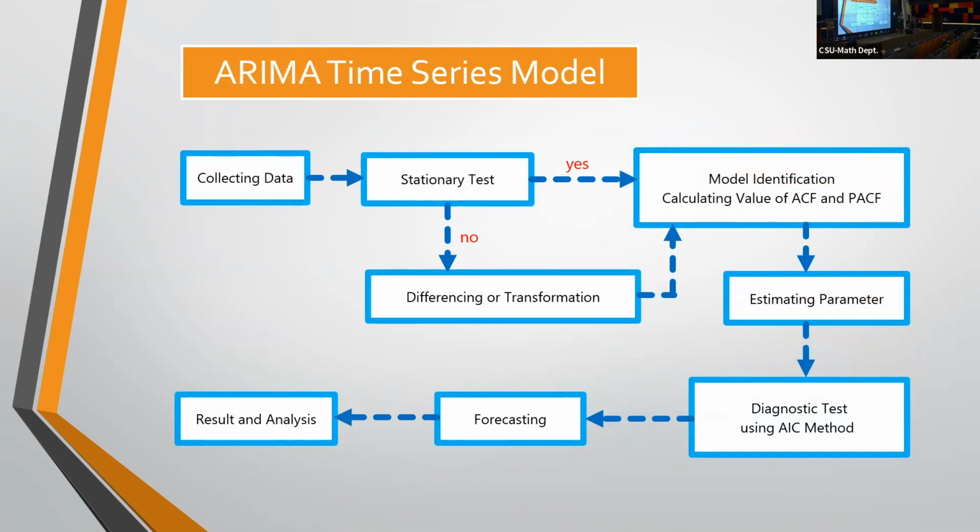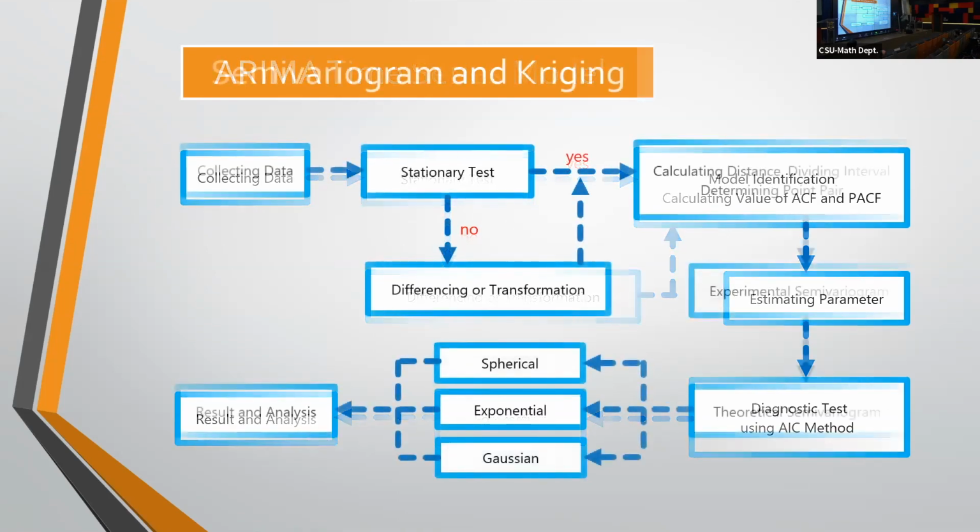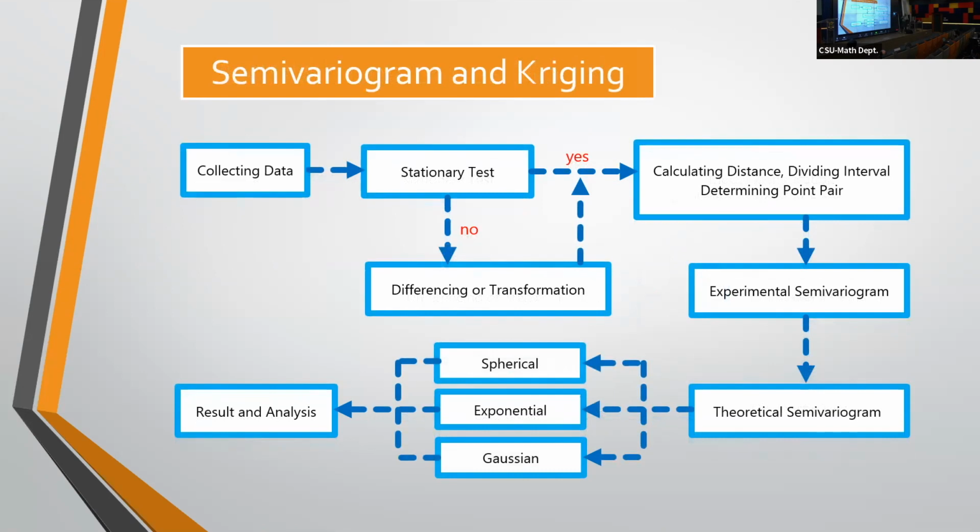If yes, we continue to model identification, calculating ACF and PACF, and estimating parameters, standard procedure for the ARIMA time series model. And if no, we should transform the data and do that loop again. This is the very basic standard for the ARIMA test.